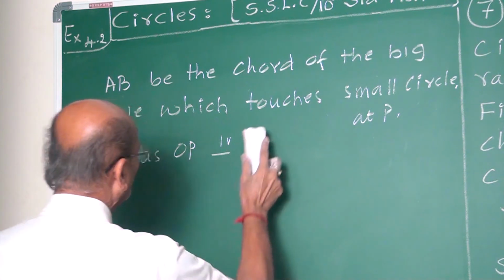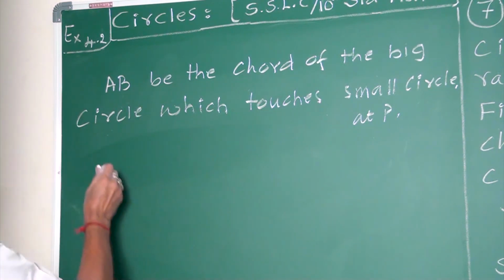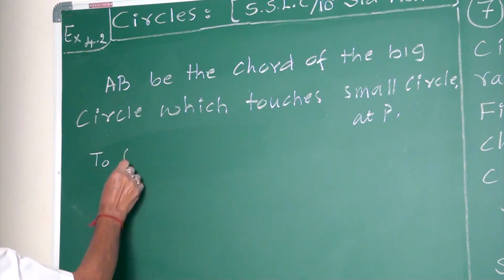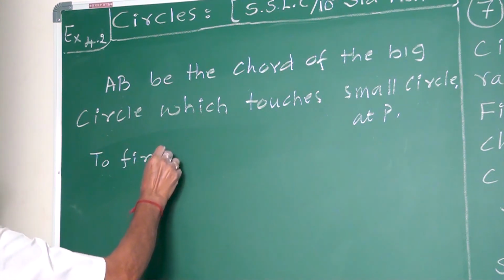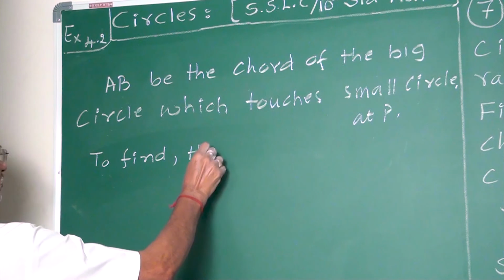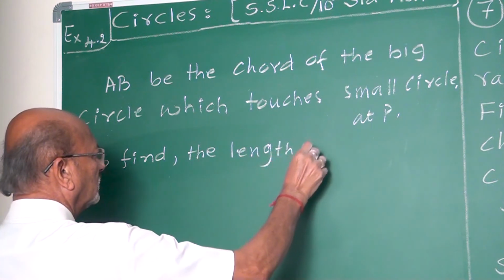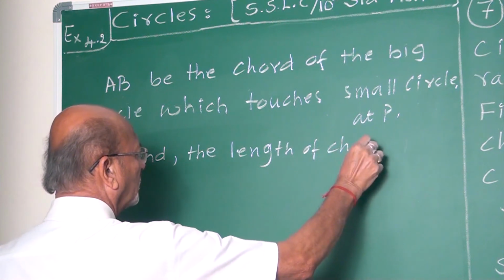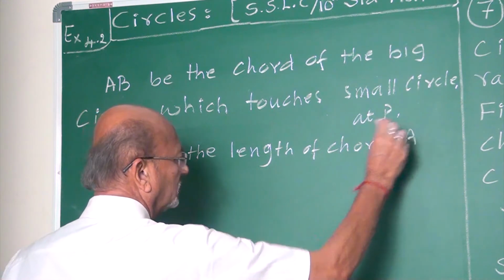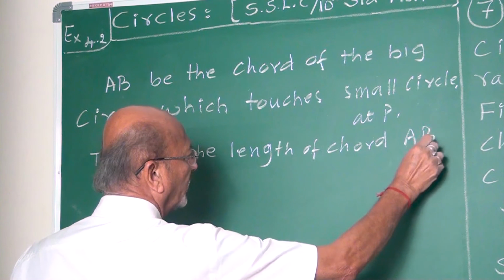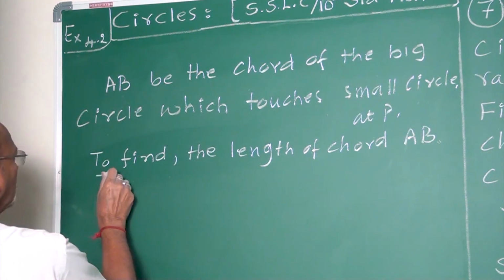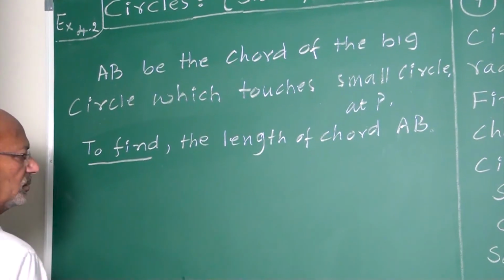First, we have to write here: to find the length of chord AB. We want to find the length of the chord AB.